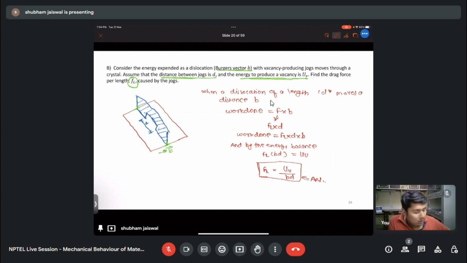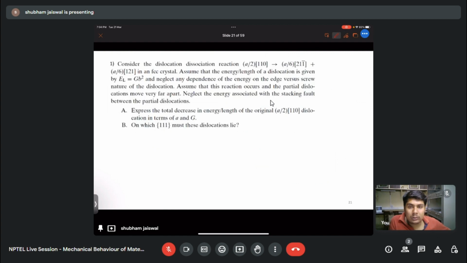Okay. Now here we have the third question. So the question is like this. Consider the dislocation dissociation reaction. a/2 [110] dissociates into two partial dislocations, a/6 [211 bar] and a/6 [121] in an FCC crystal.